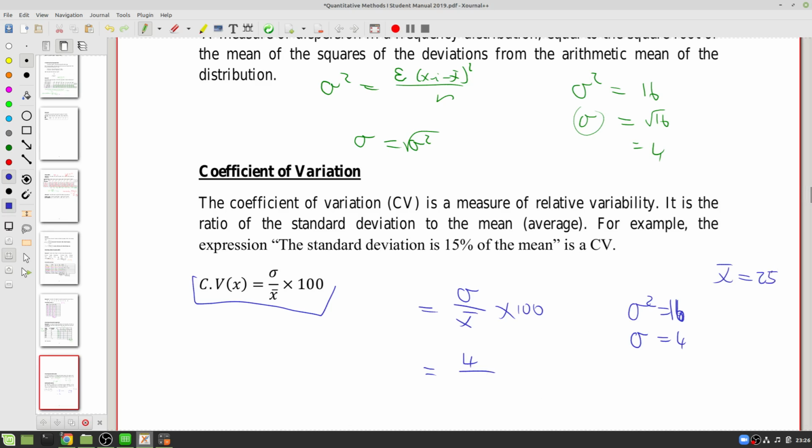Okay, so let's make it 24 just for a nicer number. Then we'd say that over 24 times 100. So what is 4 over 24 times 100? Well, 4 over 24 is the same as 1 over 6 multiplied by 100, and that'll give you something like 16.67 if we round it off, percent. That's the coefficient of variation.